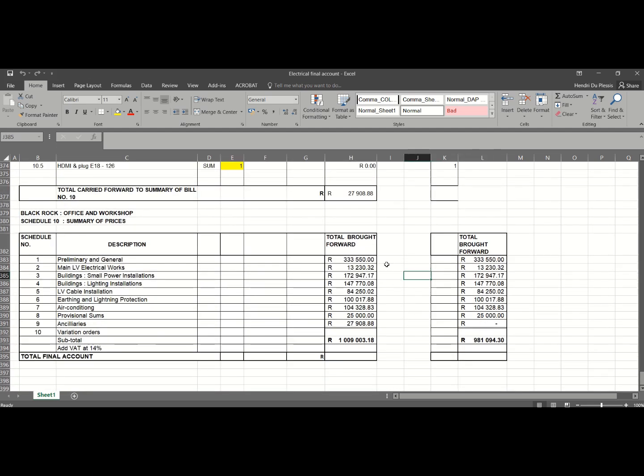So for instance, let's take out which is applicable. So we've got P's and G's, which is applicable. Just to take out the percentage air conditioning. So we're going to take out air conditioning. Let me just see what percentage this is of the total.